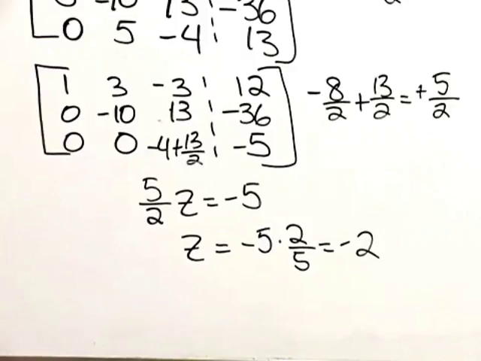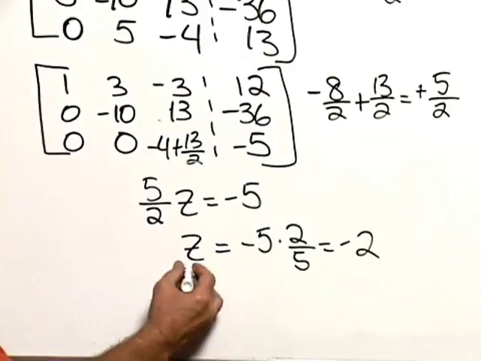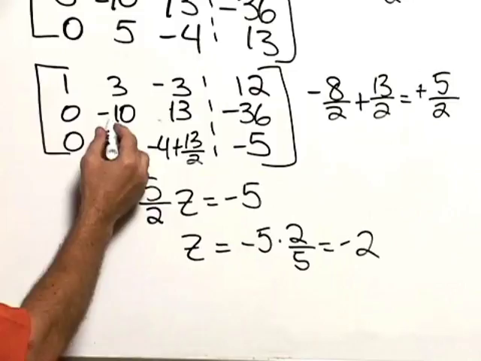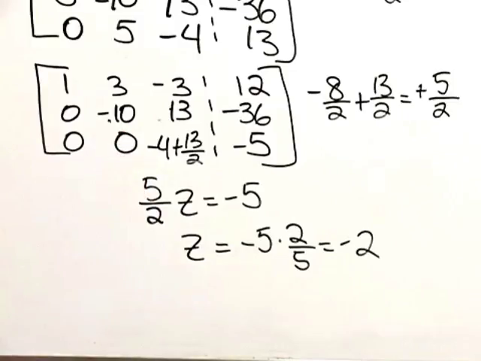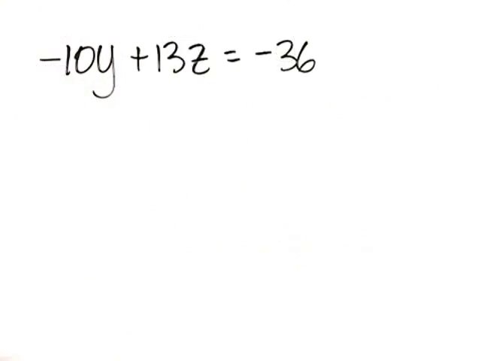Now what we'll do is use that value of z and substitute it into the equivalent equation from row 2 of the matrix. So let's do that next. The equation from row 2 is negative 10y plus 13z equals negative 36, and we just determined that z is negative 2.